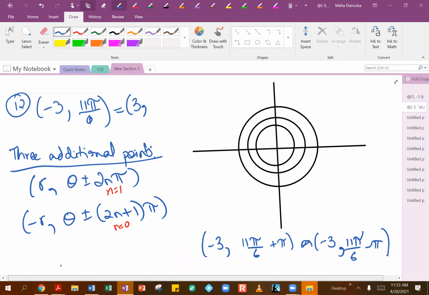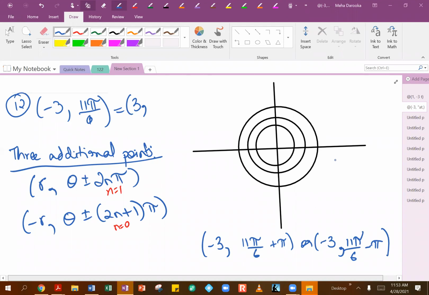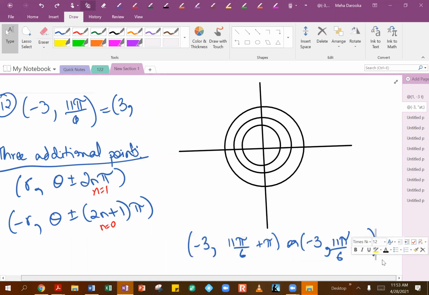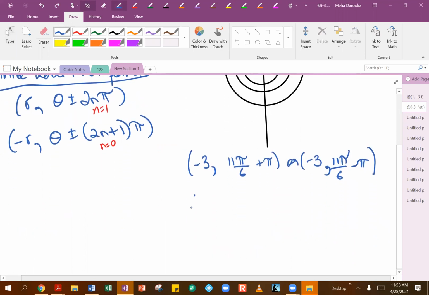So what this will actually end up doing is giving you the ordered pair. You know what? Let's finish this before we move to our graph. There we go. All right, so this guy will come out to be -3.